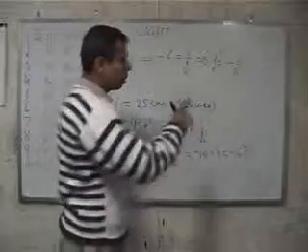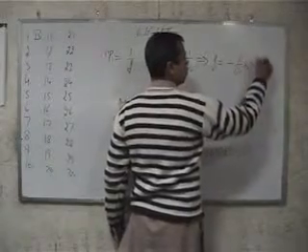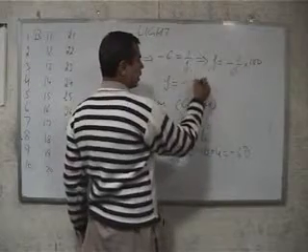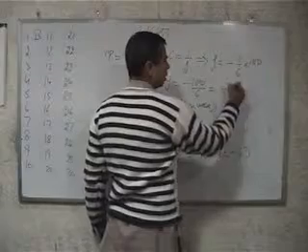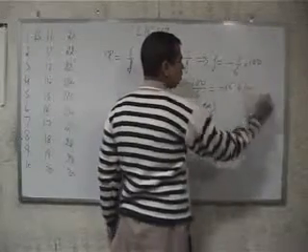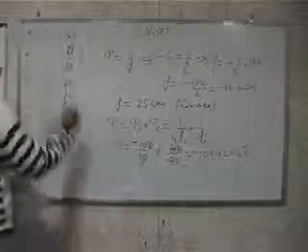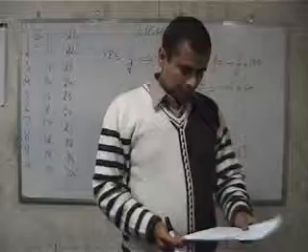Now this will be in meters. To find out in centimeters, you will have to multiply it with 100. So focal length in centimeters will be minus 100 upon 6, which comes out to be minus 16.66 centimeters. So in this case, option C will be correct. So for the second question, option C.